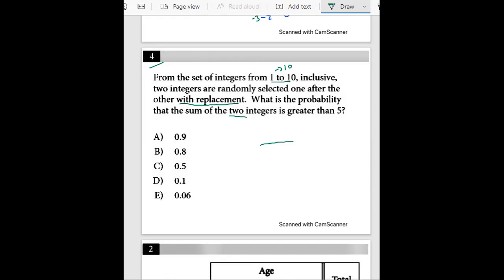If we have 10 options and both the numbers can be the same, this is what replacement means. How many sums can we find by adding these two numbers? That would be 10 multiplied by 10, right?